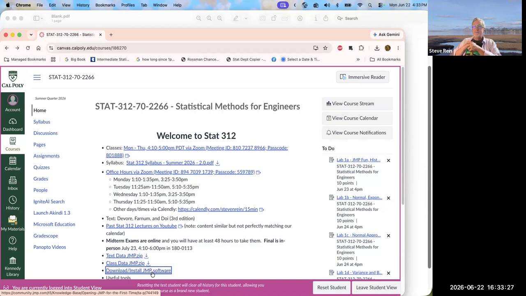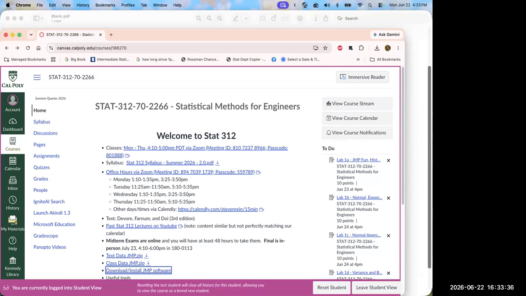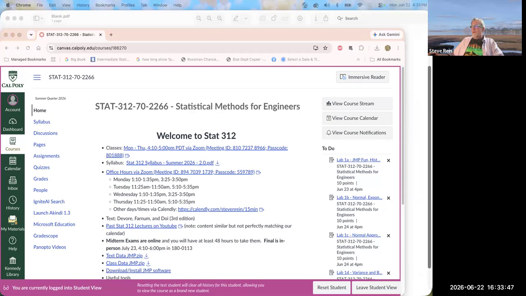So anyone else? I think you guys could search up the JMP student edition and you should be able to do it. Yeah, Google is a good way to do things.